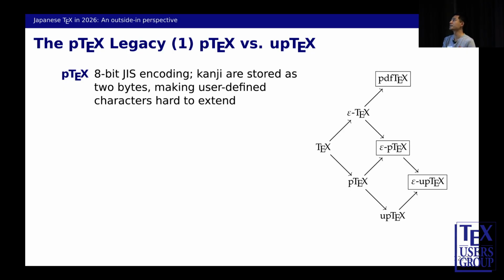pTeX is basically the legacy. The basic idea of pTeX is just an 8-bit old-fashioned engine, but extended in terms of Japanese encoding, which is called Shift-JIS. And this encoding is old, and rarely used nowadays in Japan.